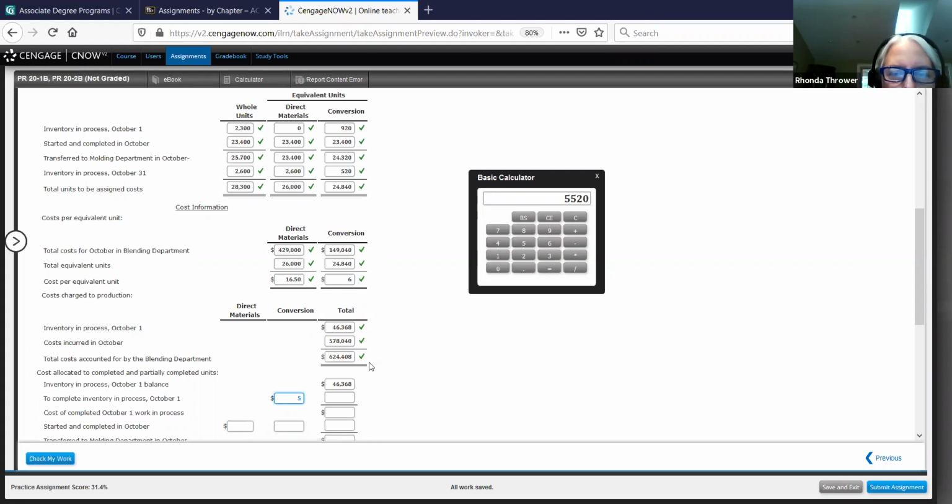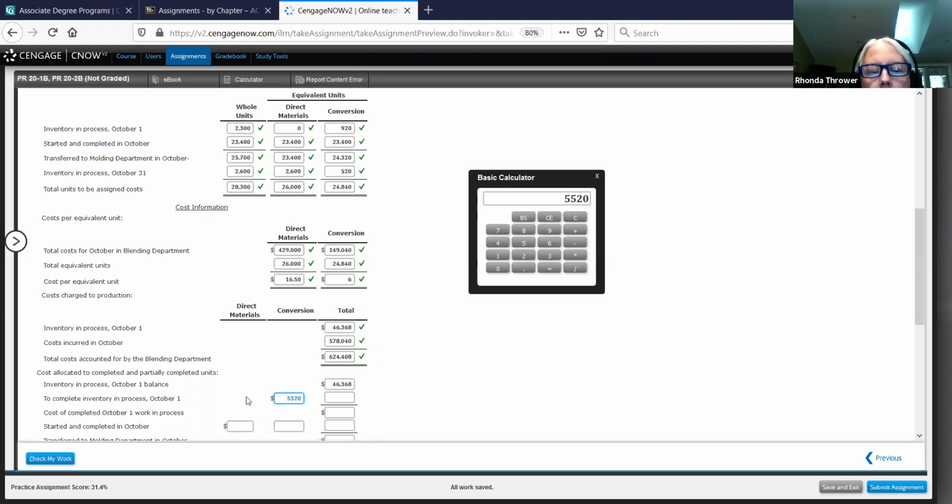It's 5,520. Again, I got this by taking the beginning inventory conversion equivalent units and multiplying this by the conversion cost per unit of $6, and that will give you 5,520.